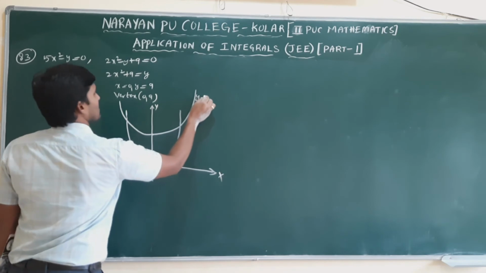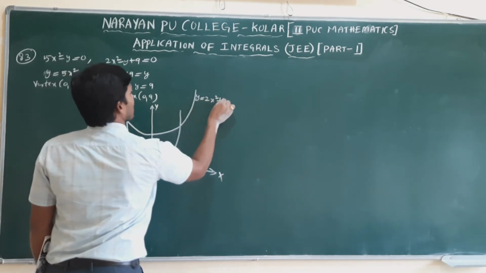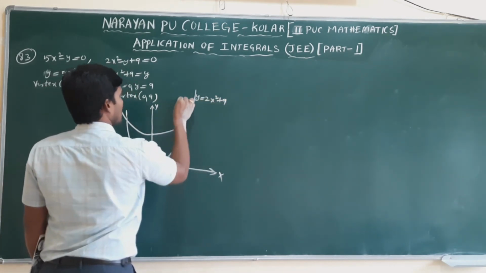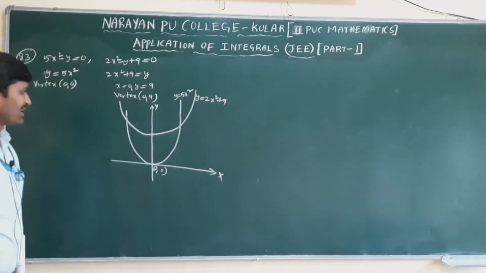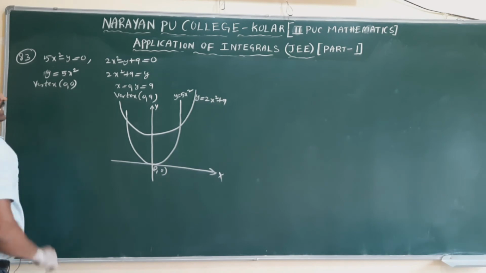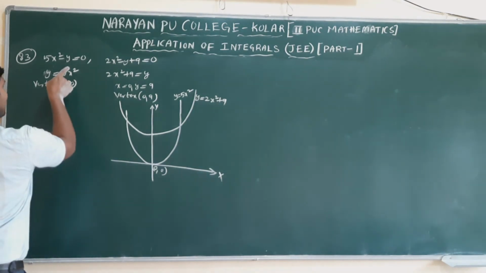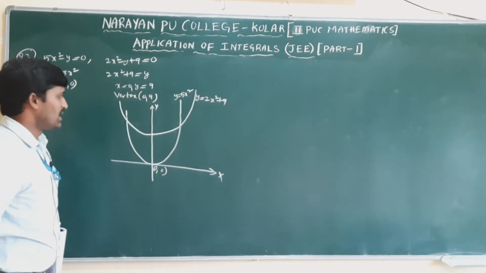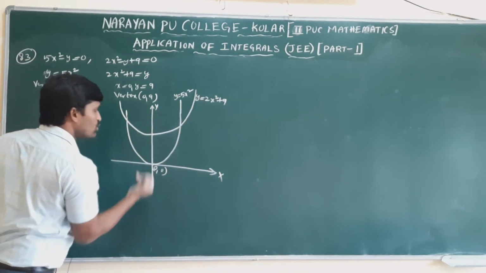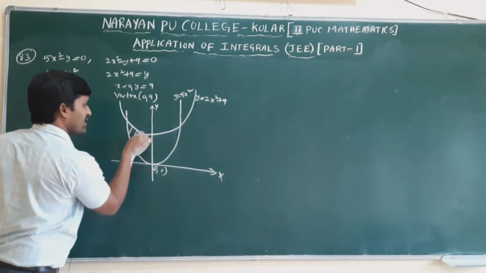This is y equal to 2x square plus 9, and this curve is y equal to 5x square. The area is bounded inside this curve and outside the other curve. That's why this is the required region we need to find here.